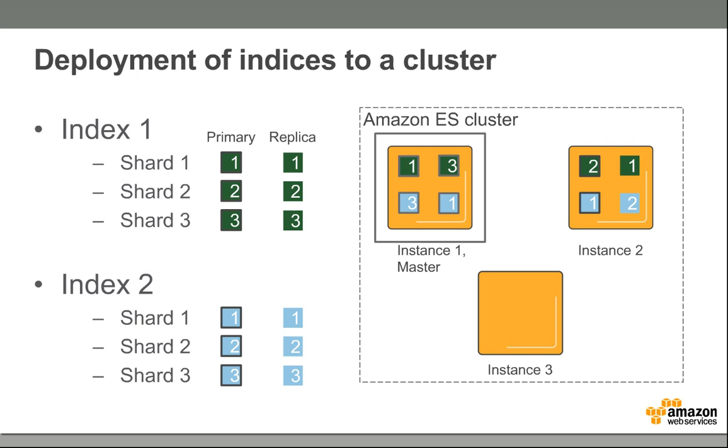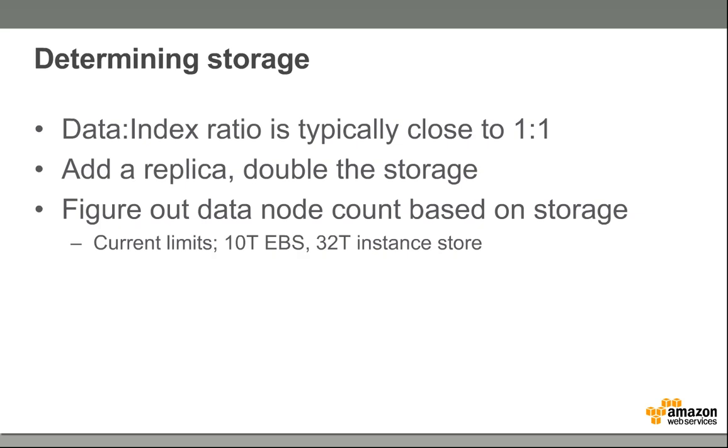In addition, you can add replica shards, and those replica shards contain a copy of the primary shard. Elasticsearch makes sure that primaries and replicas are deployed to different nodes in the cluster. This provides you with redundancy and makes sure that your data is spread across the nodes in your cluster. Elasticsearch takes care of that for you.